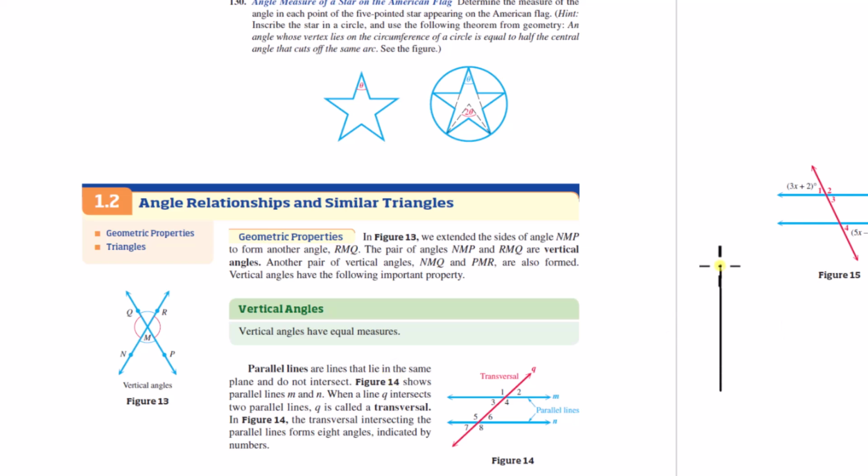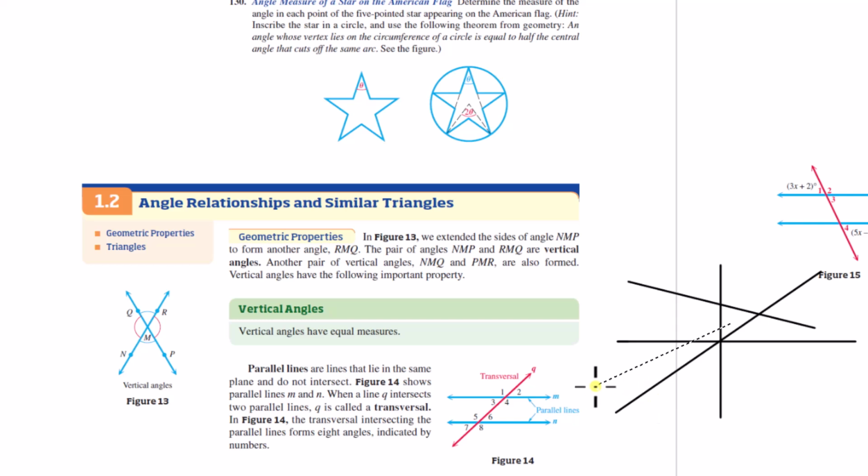So according to this definition, just to point this out, you might find this interesting. If we come to 3D, you could have two lines that could never intersect, but they don't lie in the same plane, right? So according to this definition, those lines technically aren't parallel. They need to be in the same plane and not intersect.